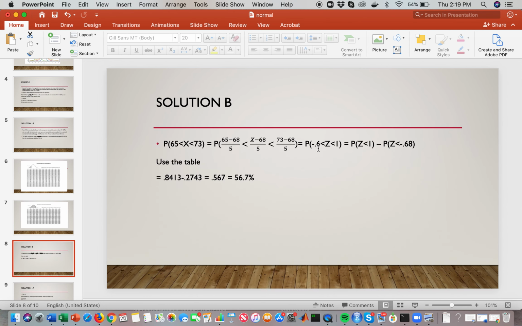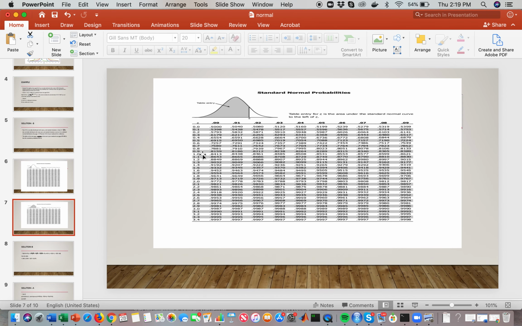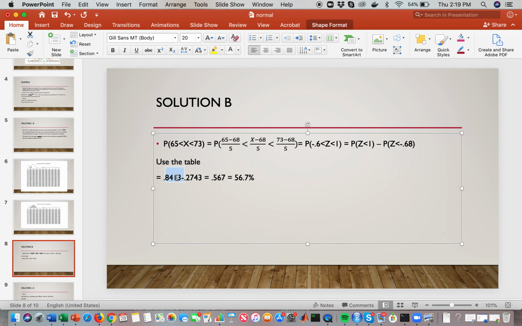So this probability boils down to be the upper limit of integration, which is 1, to the lower limit of integration, which is minus 0.68. So it works just like an integral. Okay. And from the table, I need to look up the value of z being 1. So when I look at z being 1, here's the positive one, and it's 0.8413. So great, I got that one. Then I need for negative 0.68, I need to find that value.